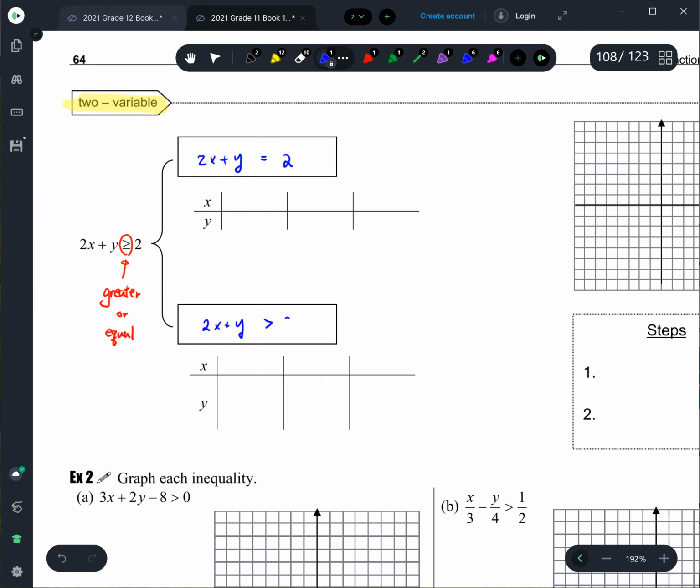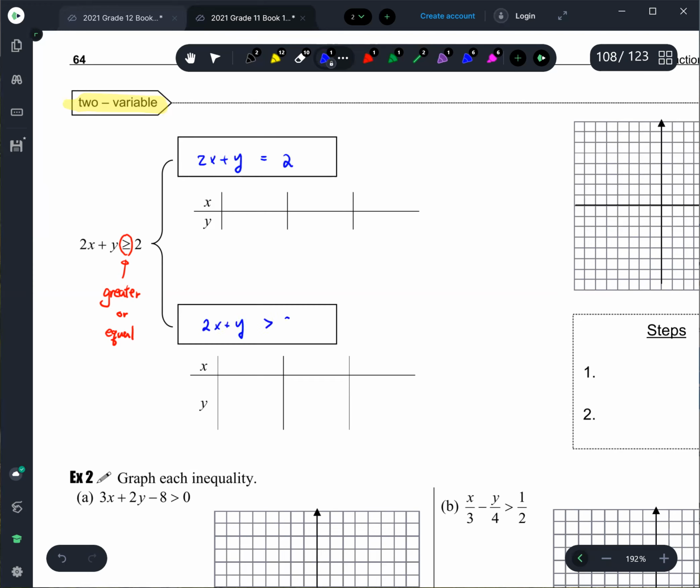So we have 2x plus y equal to 2. I want to change it into y equals mx plus b. So can everybody please do that? Change this equation into y equals mx plus b and raise your hand.